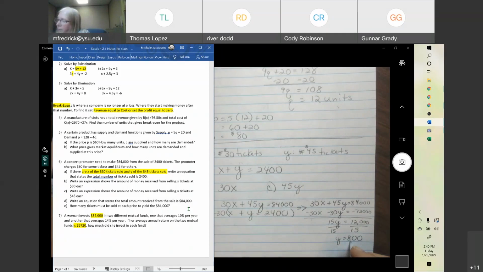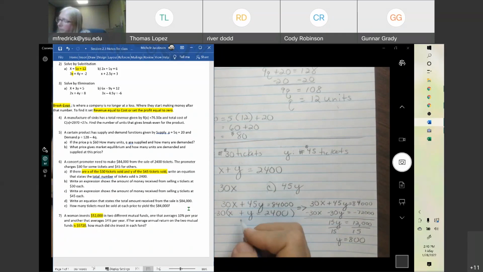We have y, we need to find x. I would use this equation. That way I only need to subtract the 800.